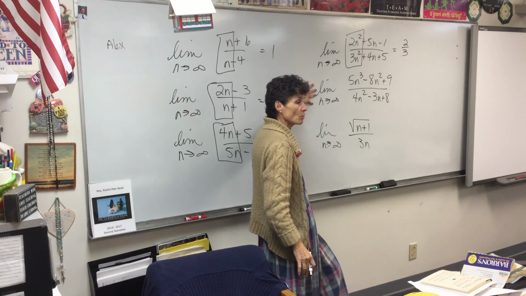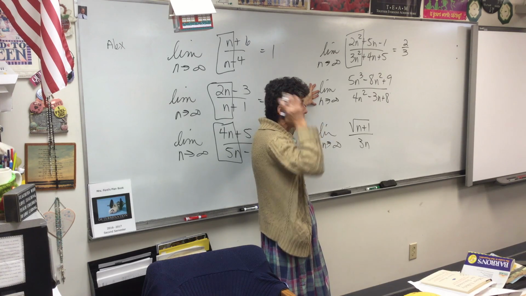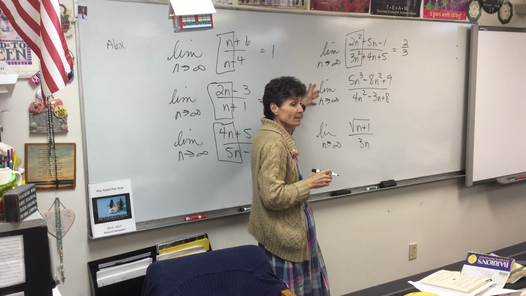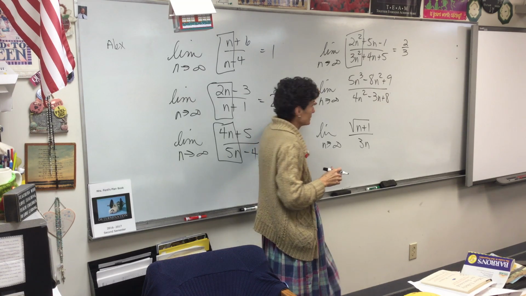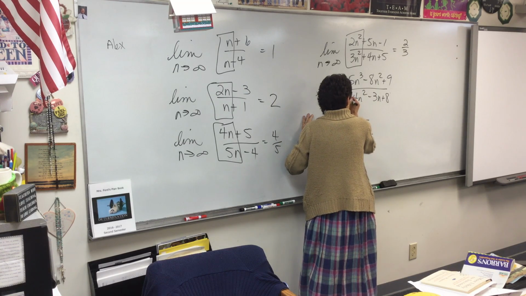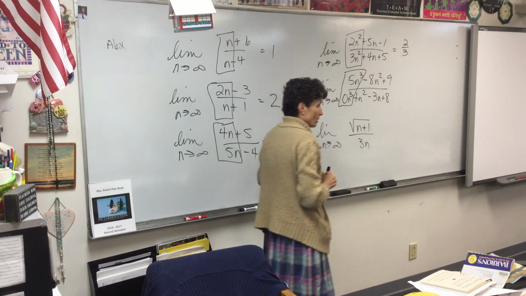Uh-oh. This is when the trouble starts, right? What's the biggest power? N cubed. N cubed is the biggest power. How many n cubes are there on the bottom? 0. So I have to write in 0.